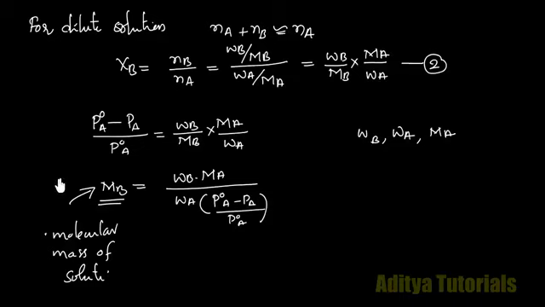We will solve one problem to clear the concept. Here is a problem. We have to take a container. In this container we have to take the solute and solvent. First, the vapor pressure of the benzene we have to consider here. So in this we have a solvent, that is benzene.